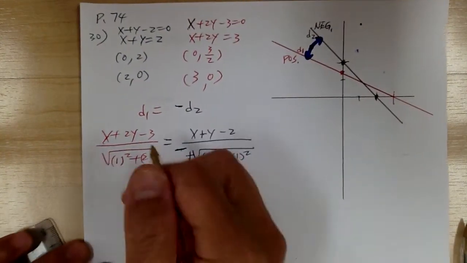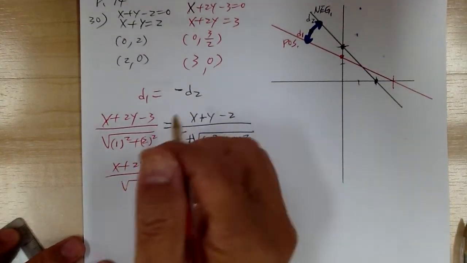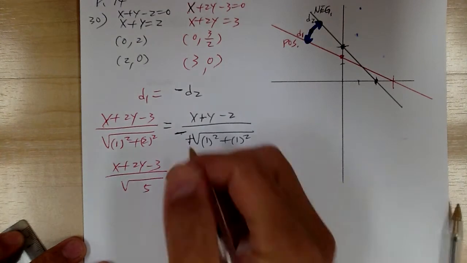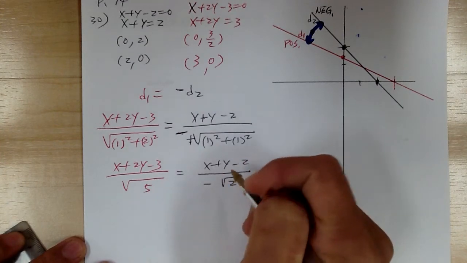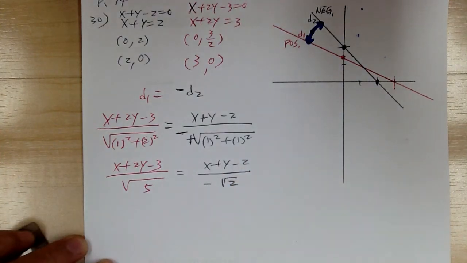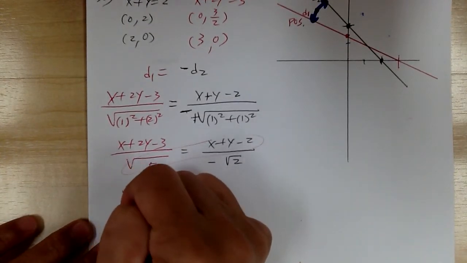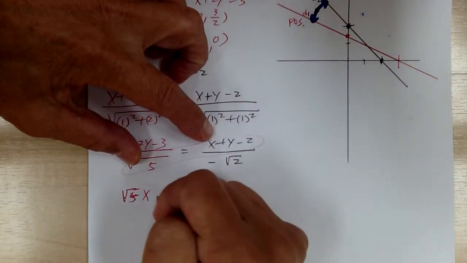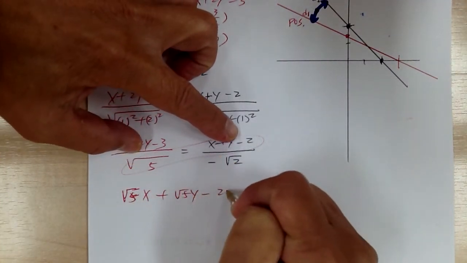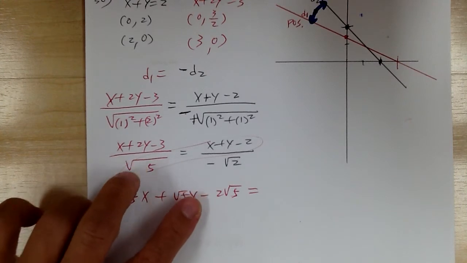Okay, now go and simplify. You're going to have x plus 2y minus 3 over square root of 5. And this will equal to x plus y minus 2 over negative square root of 2. Okay, so go ahead. In this case, you just go and cross multiply. So I'm going to do this one first. So I get square root of 5x plus square root of 5y minus 2 square root of 5 equal, and cross multiply over here.